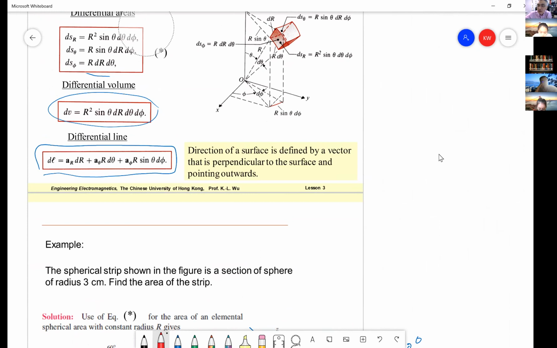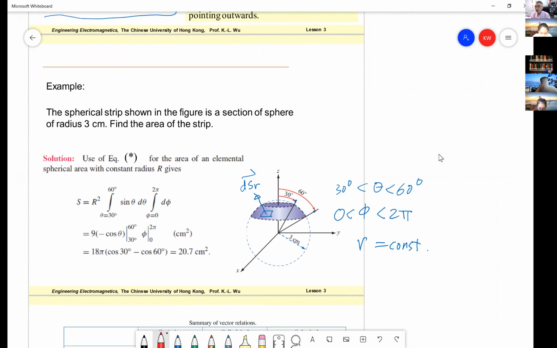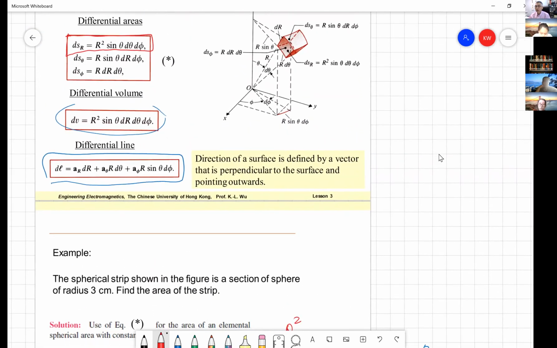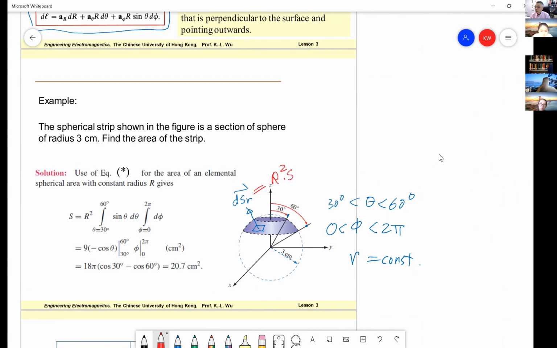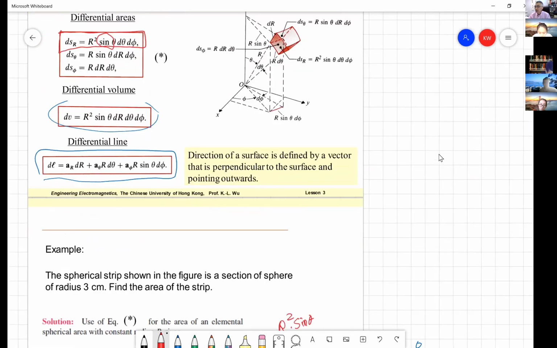Let me emphasize this. This is our dS_r, okay? Then we know the differential area for our problem equals r square times sine theta times d theta d phi.